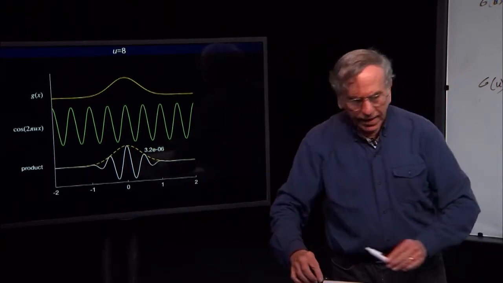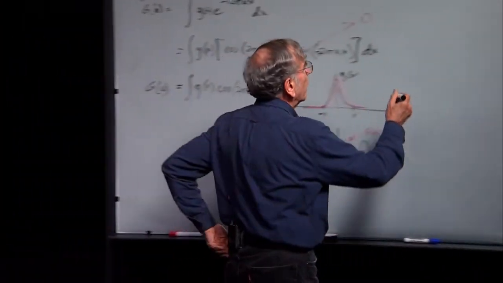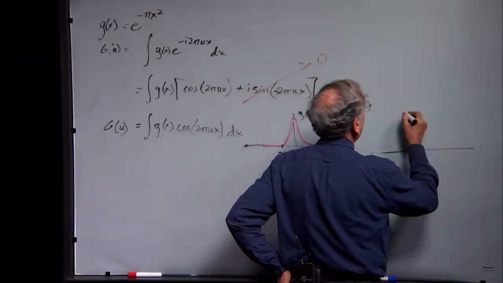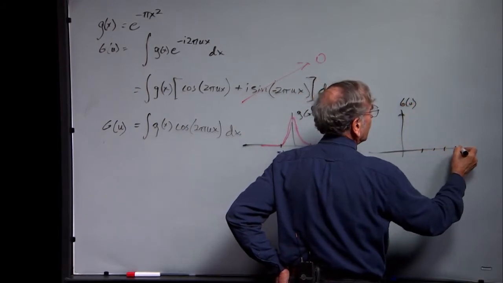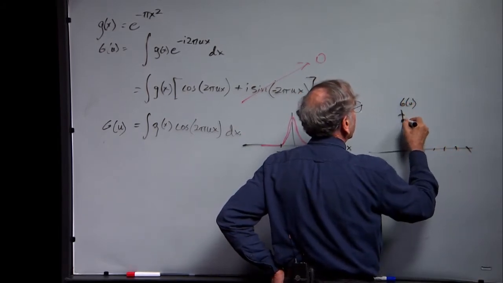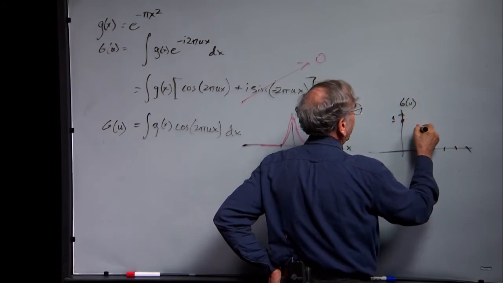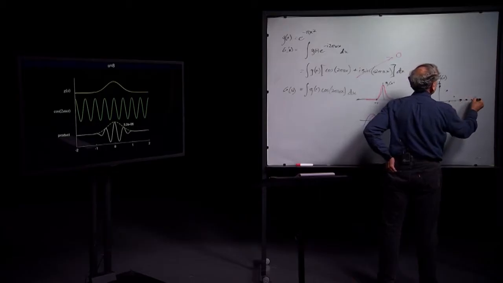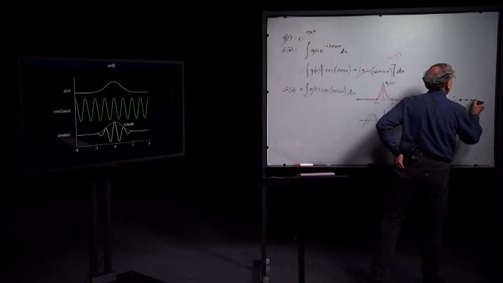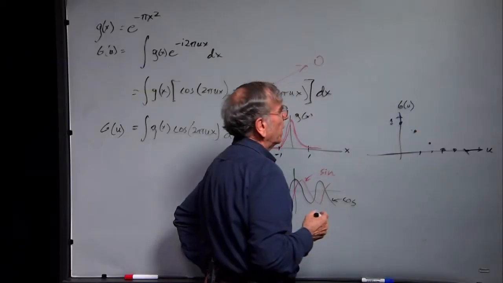So what we've done here is we have obtained values of g of u at 1, 2, 3, 4, 5, and so on. And it starts out at 1, and it gets smaller and smaller and smaller, and gets really vanishingly small as we increase the value of u.